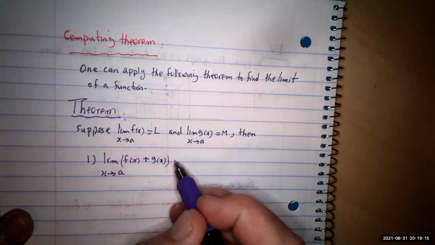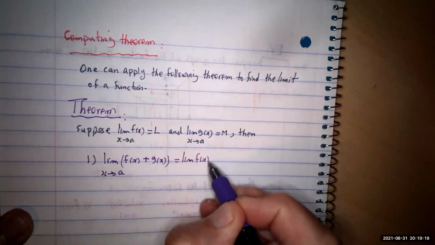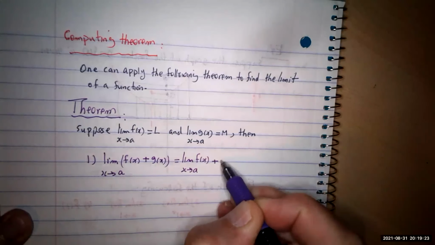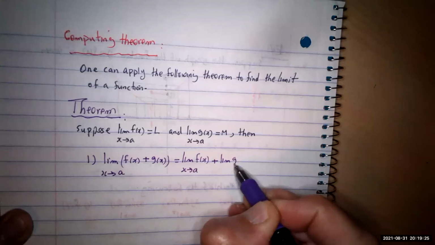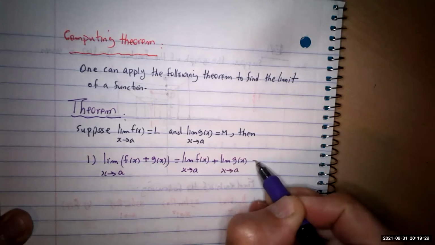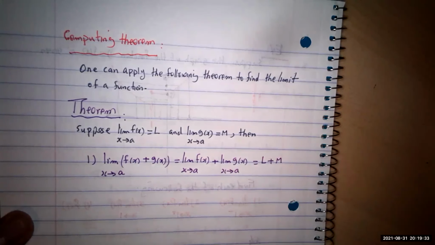So that gives you the limit of f of x as x goes to a, plus the limit of g of x as x goes to a. The first one is L, the second one is M, done. Okay, it makes things so easy for us.